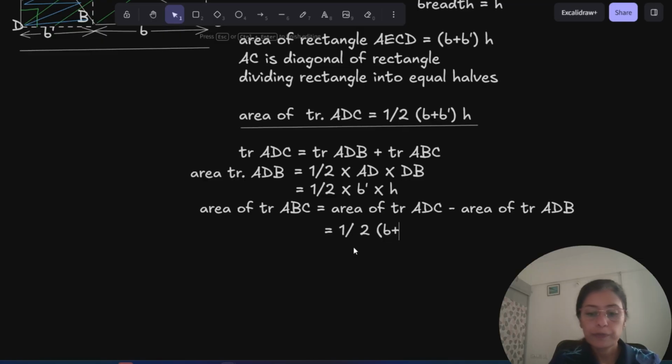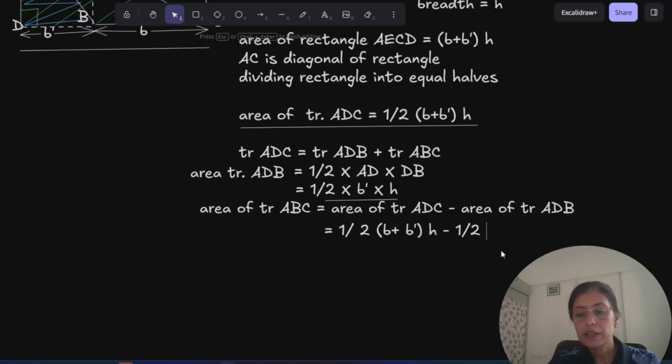Half of B plus B dash to H, and this is minus, what is the other one? This is the other one, ADB.